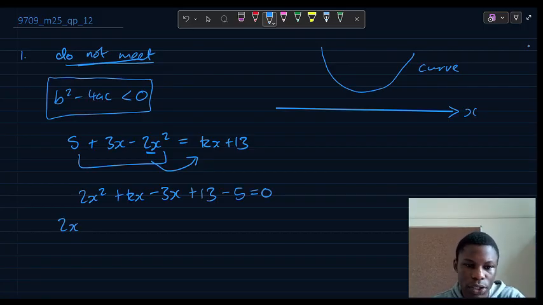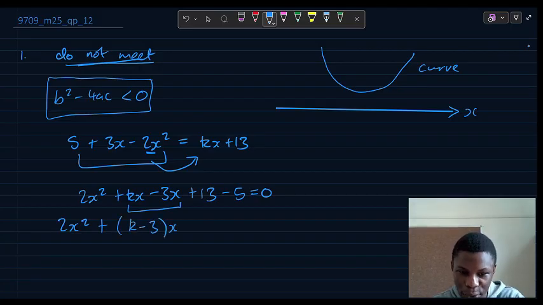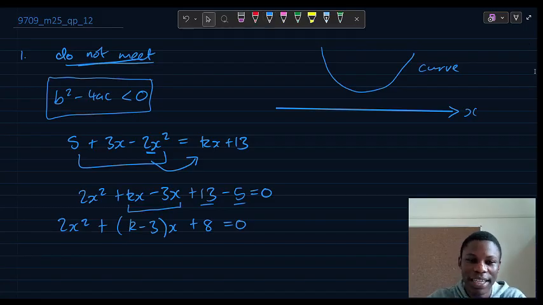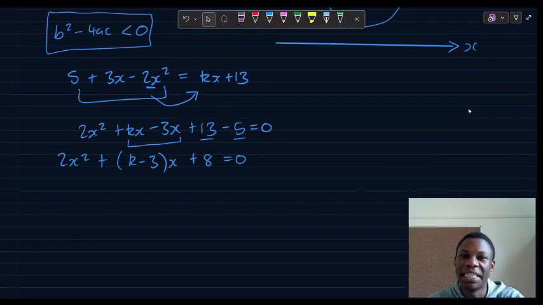So what we have is 2x squared plus, I'm going to factor out the x here. So that becomes k minus 3 inside the brackets. Then we've got 13 minus 5, which is 8. And this is all equal to 0. So now we've reduced it to a 3-term quadratic.